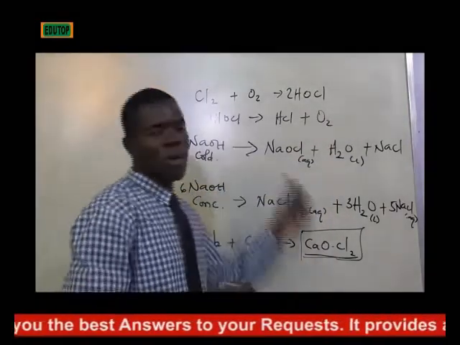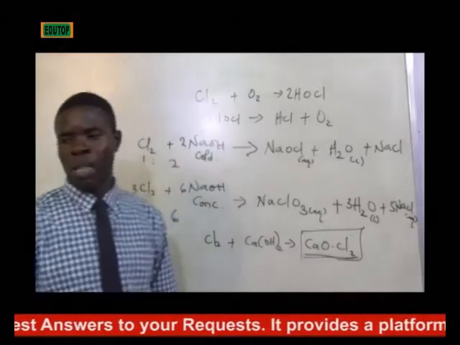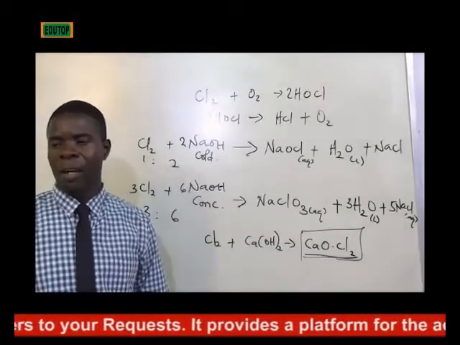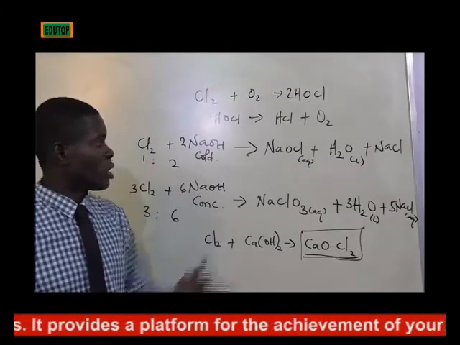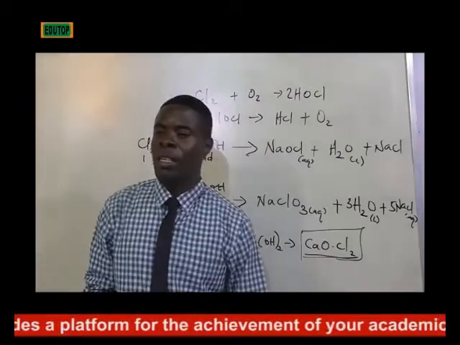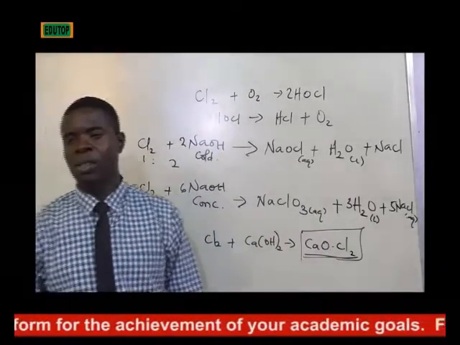So when chlorine is exposed to the atmosphere, the products formed are hydrochloric acid and oxygen. That is the answer. So A is hydrochloric acid and oxygen.